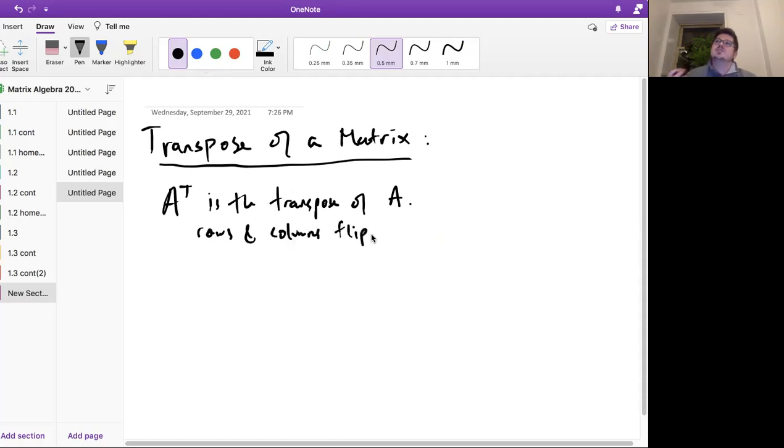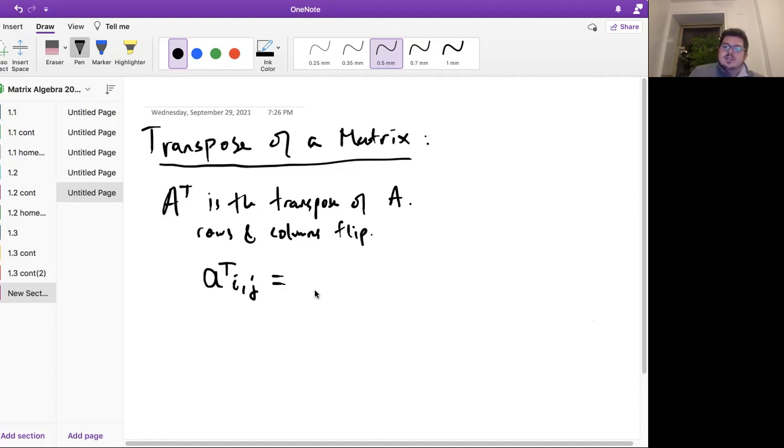So based on that intuitive idea, given any coordinate ij in the matrix, what is its corresponding coordinate in the transpose? Like, what would the subscripts be?